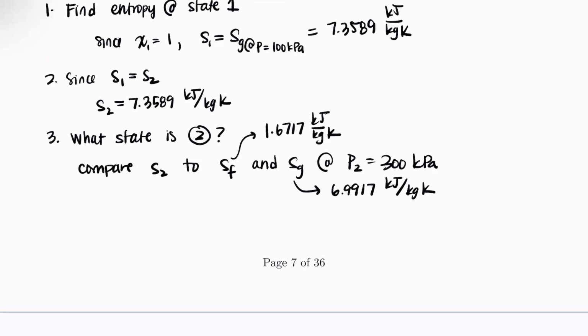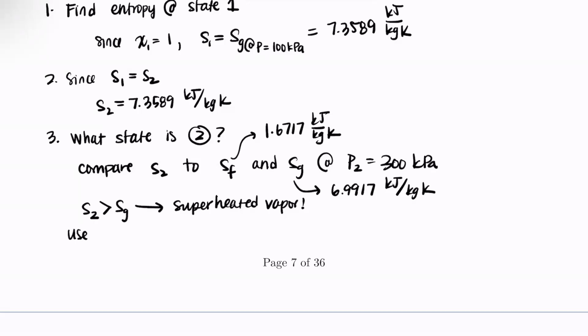Okay, so where are we at? How does S2 relate to this? Yeah, so S2 is greater than SG. So what does that mean? Yeah, so we're in a superheated vapor. All right, so then we're gonna go to our superheated vapor table and we will figure out what the temperature is based on the entropy that we have and the pressure that we have, right?